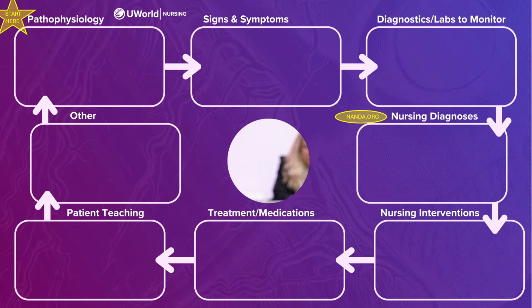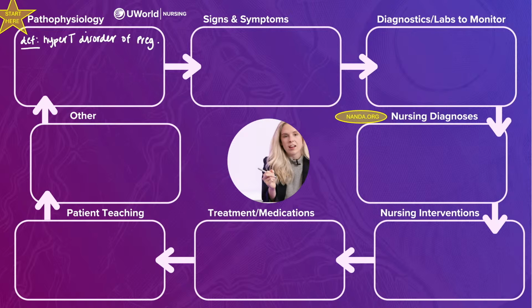Pretty simple. So we're going to define preeclampsia as the hypertensive disorder of pregnancy. I'm just going to put hyper-T disorder of pregnancy. And that is going to be diagnosed as high blood pressure greater than or equal to 20 weeks of gestation.